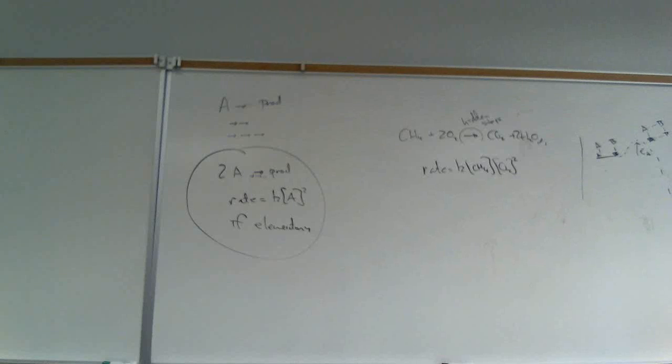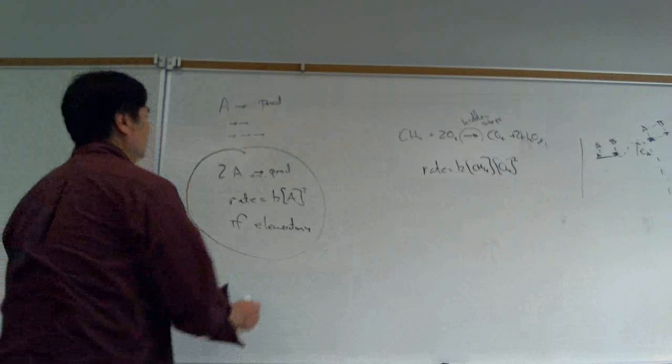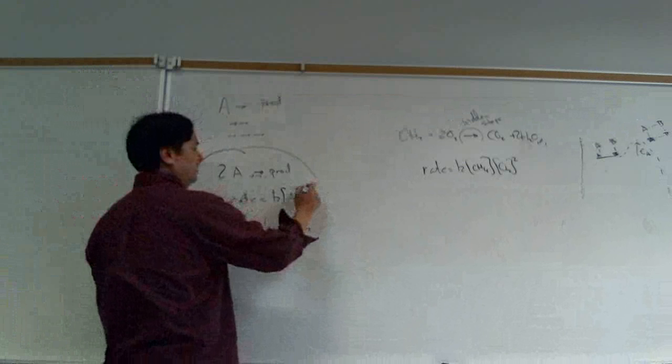It says 2A goes to product, and then the rate equals the concentration of A to the N. Would it be not enough info? You can't assume. What is the question asking for? It's just saying what is N. What is M? Isn't M equal to 2?